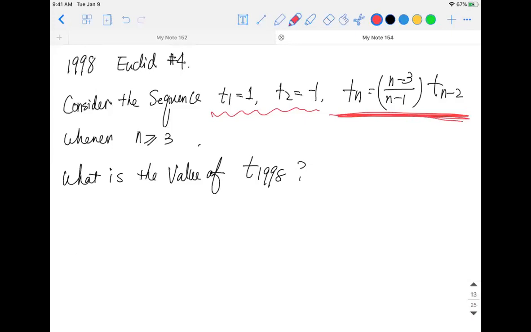You have two base scenarios. You have a recurrence formula. The question asks you a weird term, 1998, right? This is quite common in math competitions. Apparently, you won't be able to calculate all the way to 1998, right? You need to find out some pattern. So the $1 million question is, what is the pattern for such a problem?